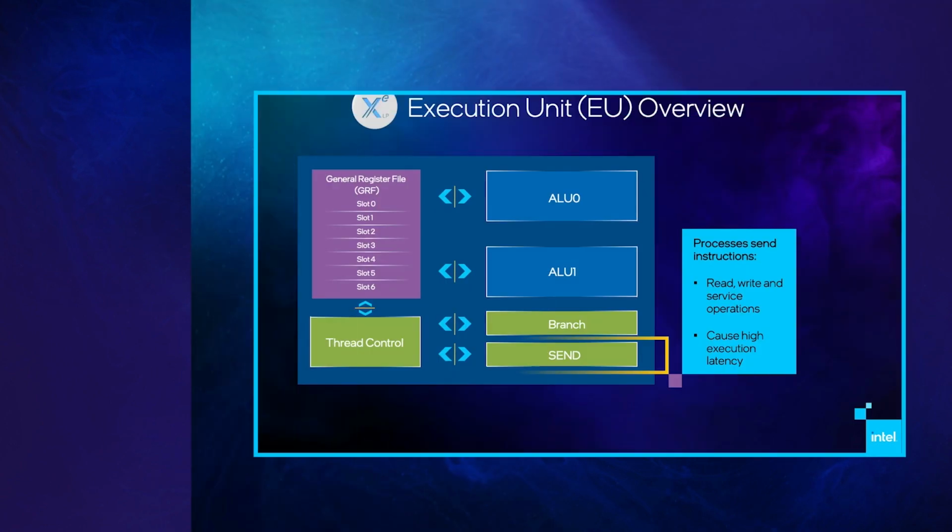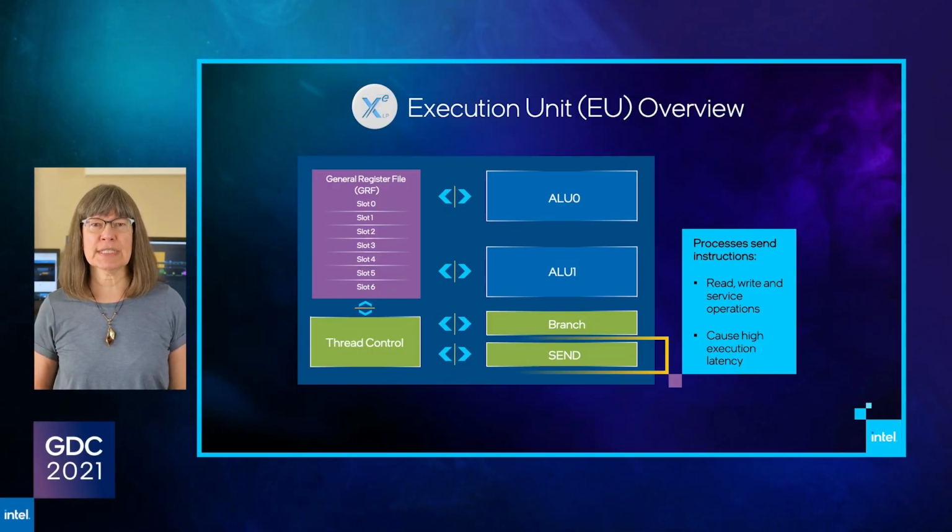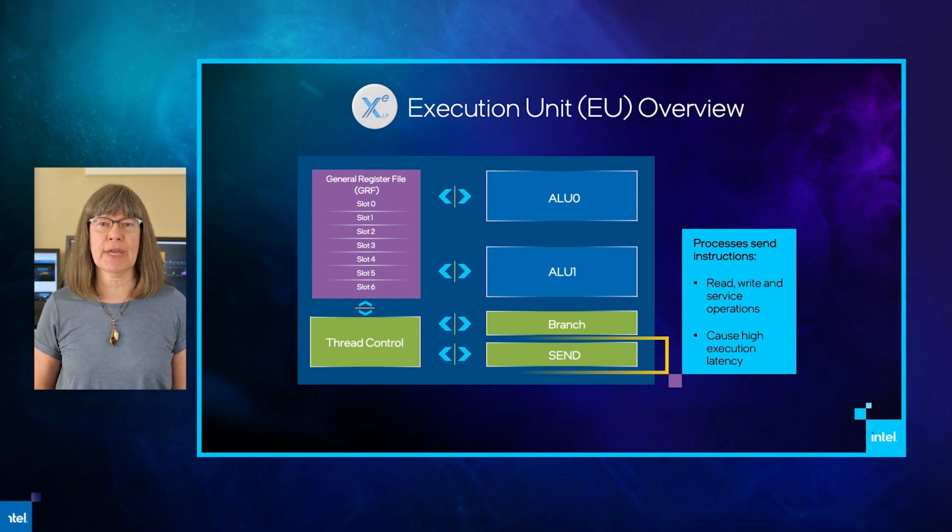We won't touch thread control or branch units today, but instead concentrate on the send unit. The send unit is responsible for all read and write operations, as well as some service messages, such as end of thread.